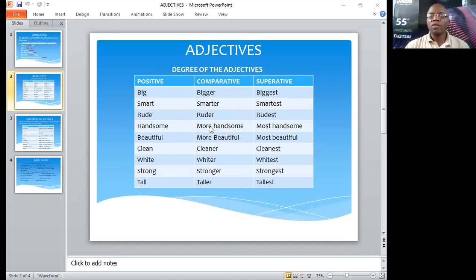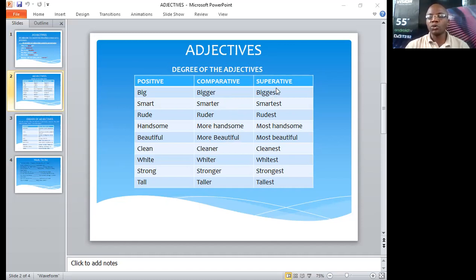We cannot say that John is more bigger than me. We shall just laugh at you. We cannot say that Jane is more smarter than Felista. No, smarter is already in the comparative degree, and therefore we cannot use more with smarter. We use more with adjectives that do not take an ER at the end, like handsome, beautiful, etc.